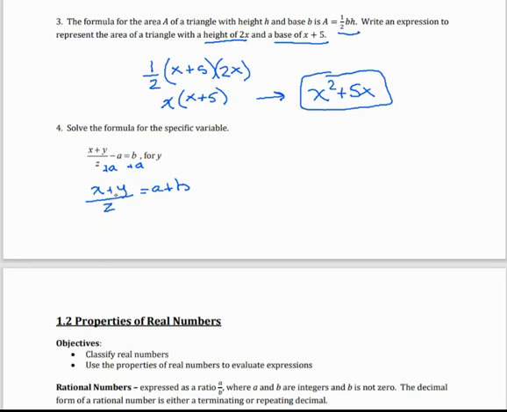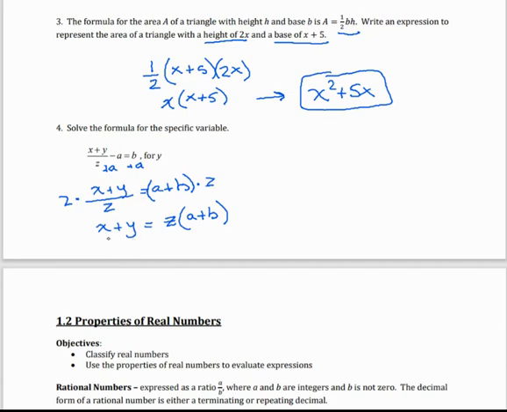Get y alone, so the next thing we need to do is undo this dividing by z. So to undo that, we will multiply by z. Remember, over here, we're multiplying, though, that whole quantity by z. So I now have x plus y equals, I like to put the z out front, z times a plus b. If you want to distribute it, you absolutely can.